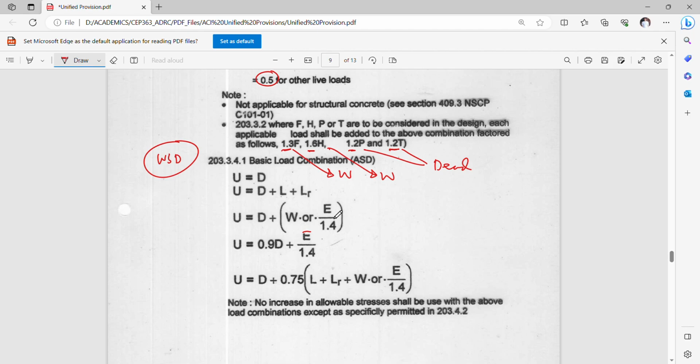So this 1.4 here are reduction factors, not based on probability, but based on experts' judgment. This 0.75 here has nothing to do with the 1.33 increase in allowable stress.